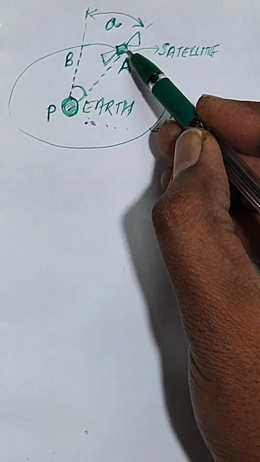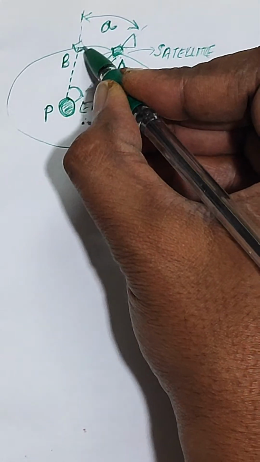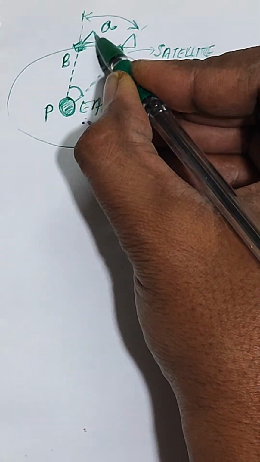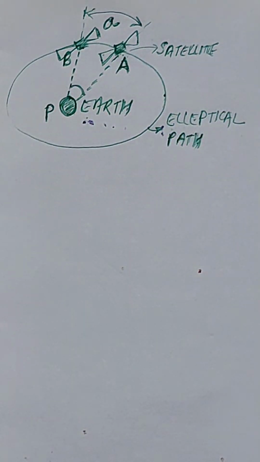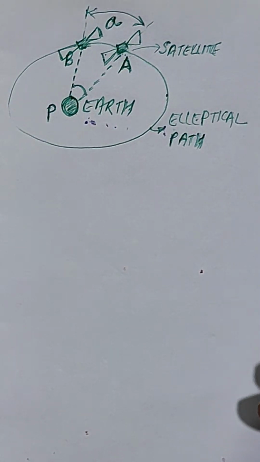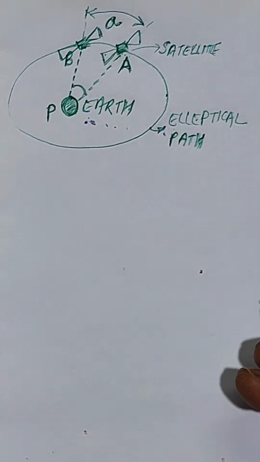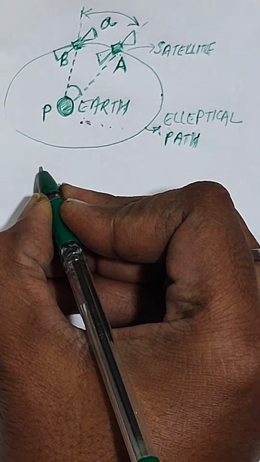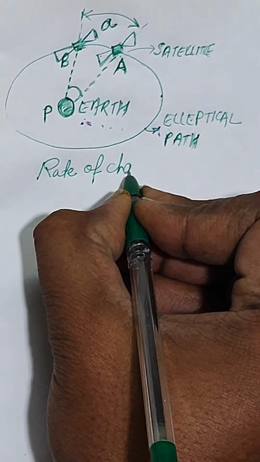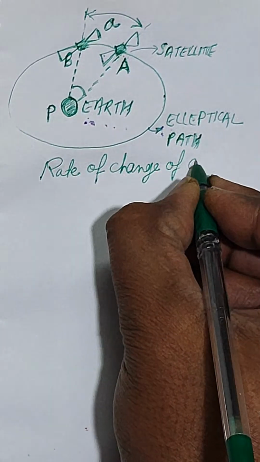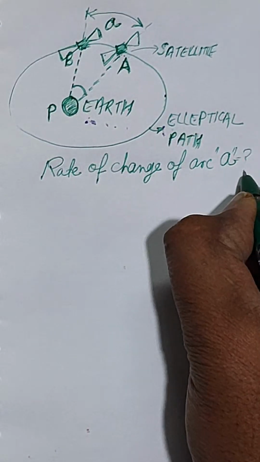This is the line joining Earth and satellite, that is AP. And if the satellite goes from position A to position B in a certain time, and the arc A is this length, now the rate of change of arc A swept by the line joining Earth and satellite has been asked. So this is the question to us.